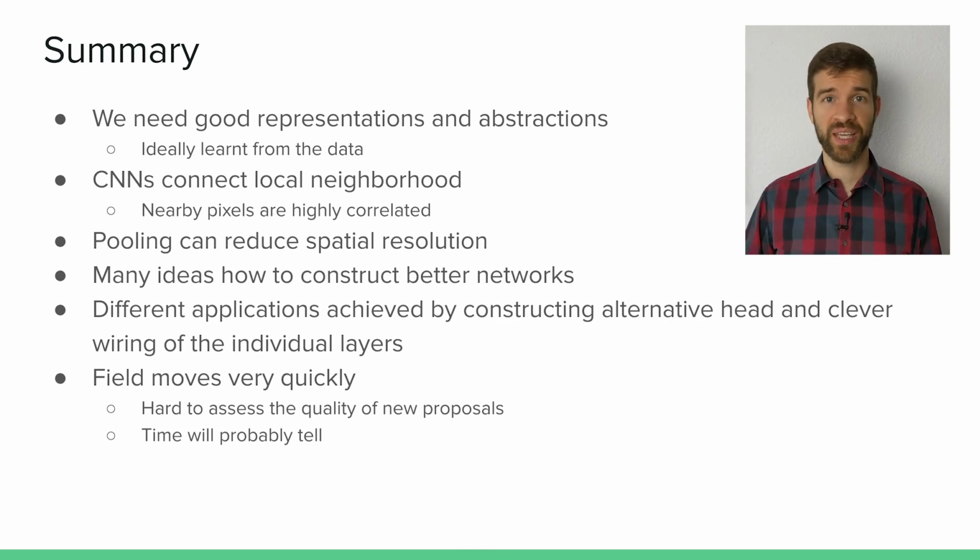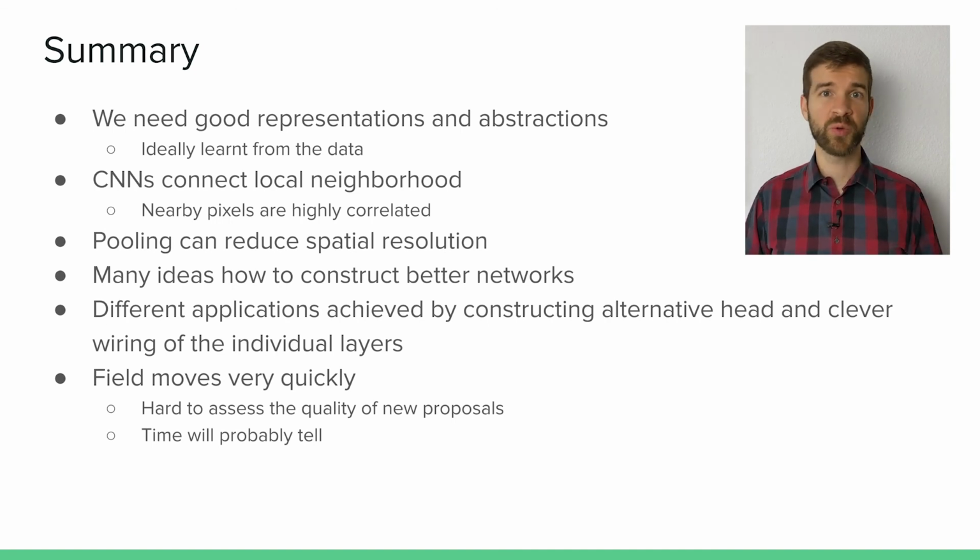And different applications, as we've seen, depending on the task that you're working on, require different architectures and different wirings to solve your problem. And you might be able to come up in the future with a new architecture that no one has thought of before to be really good at your specific problem.